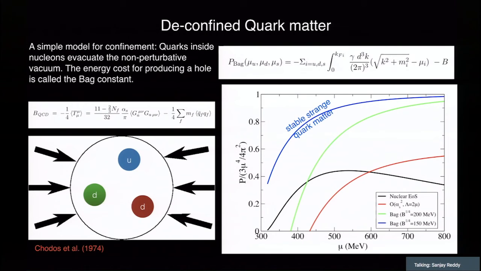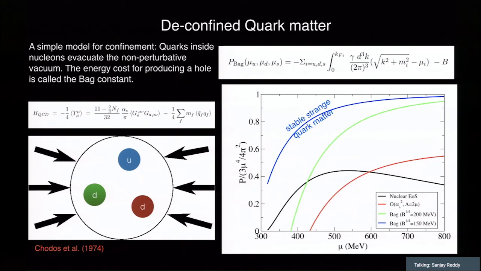So the free energy is minus the pressure. So the state that has large pressure is the ground state of matter. So the nuclear matter equation of state is shown in the black curve. So if you use a typical nuclear equation of state, this is how the pressure changes as a function of chemical potential.